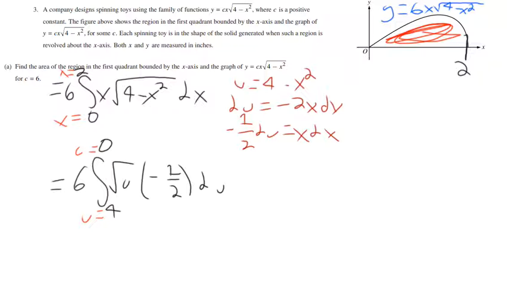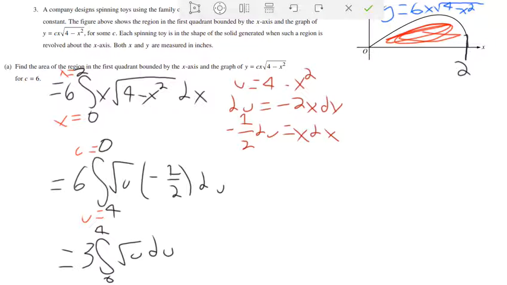We like to start at the lower one, but I have this negative right here, so I can use that to flip the limits. So this is equal to 6 times 1/2, which is 3. So we have 3, and this is now positive, going from 0 to 4 of the square root of u du. And now we can go ahead and find an antiderivative.